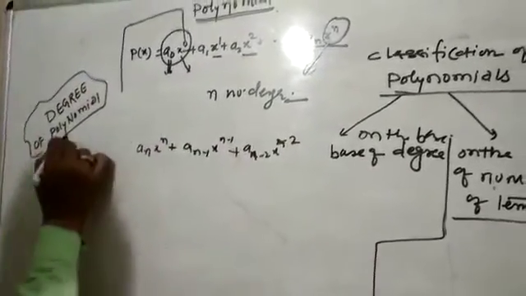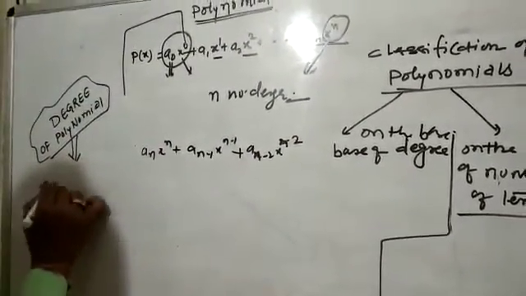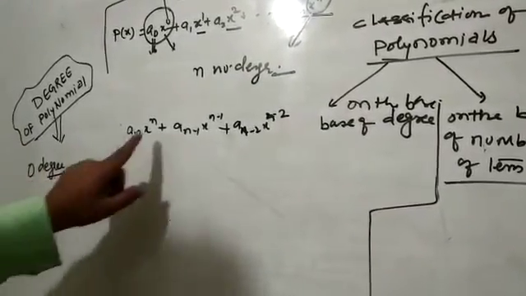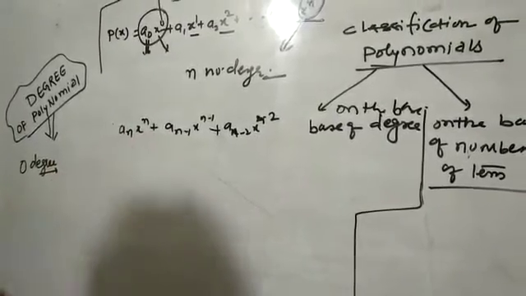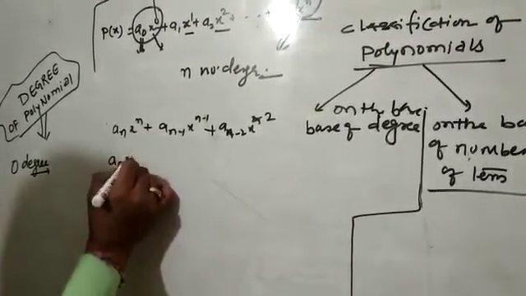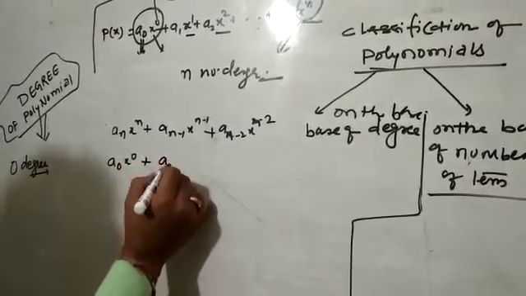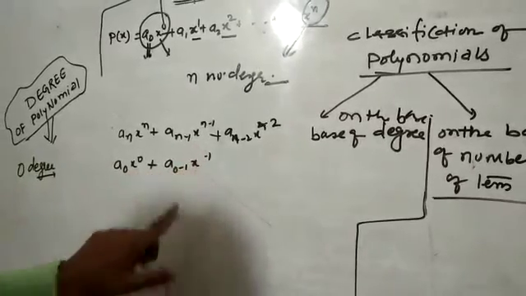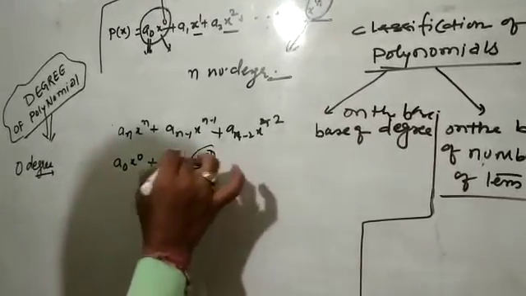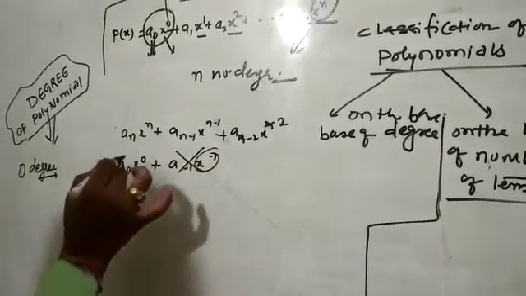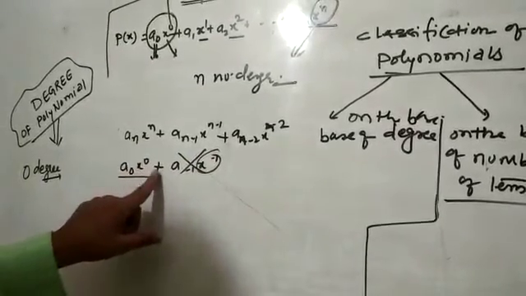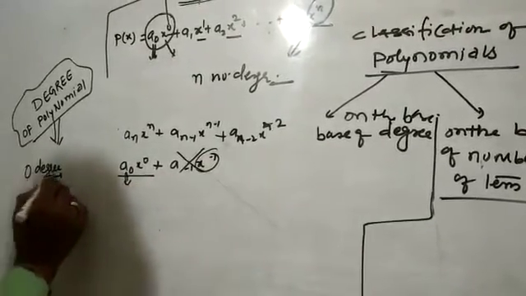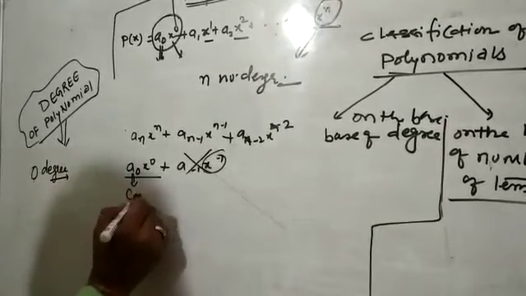Suppose the degree is 0. For degree 0 we put n equal to 0 in place of n. So the first term is a0 x to the power 0. The second term would be a 0 minus 1 x to the power 0 minus 1, but 0 minus 1 is negative, so this is not a polynomial term. So only a0 x to the power 0 remains, which means only the constant term is here. So degree 0 is called a constant polynomial.